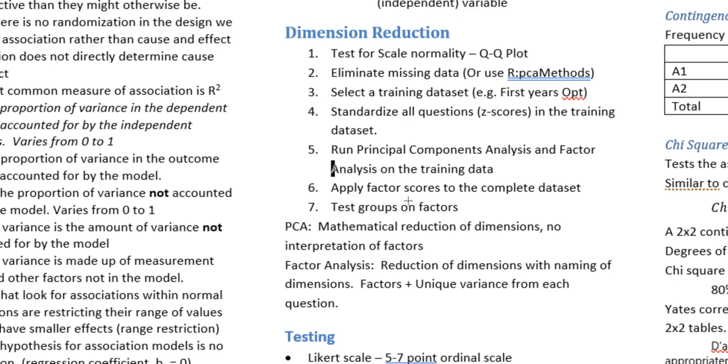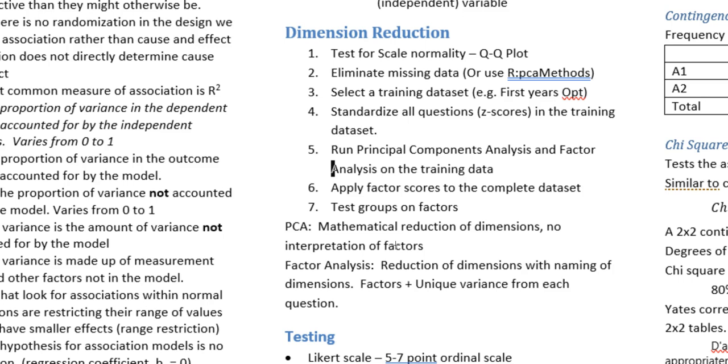Let's say we're going to do the BIVS survey, and it has 28 questions, and we want to reduce that. Well, we can just do a simple mathematical reduction of the dimensions. But that doesn't allow us any interpretation of factors. In other words, the items are grouped together because that's the least random.